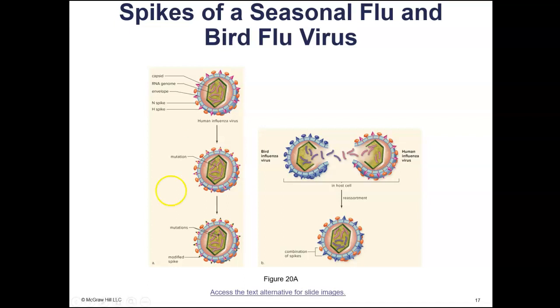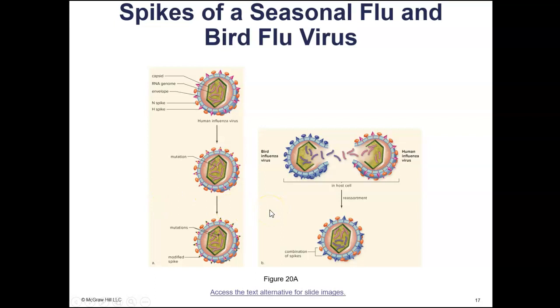And then after mutation occurs in the virus, in this particular instance, the H spike has been modified. That happens each flu season, there are mutations in the flu virus, and the new vaccines have to be made to adjust for those mutations.